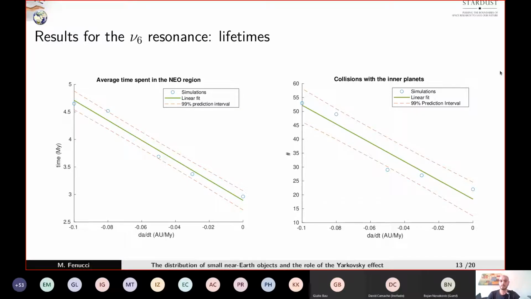And the trend is also linear. For instance, when the drift is 0.1 astronomical units per million year, the number of collisions is almost double. So the Yarkovsky drift could also produce more impactors with the inner planets.